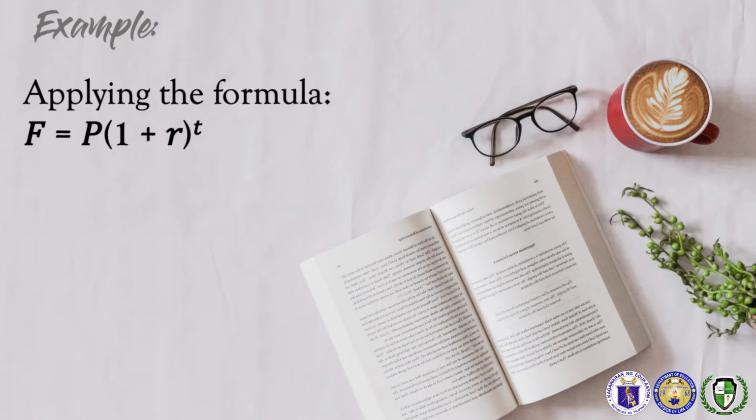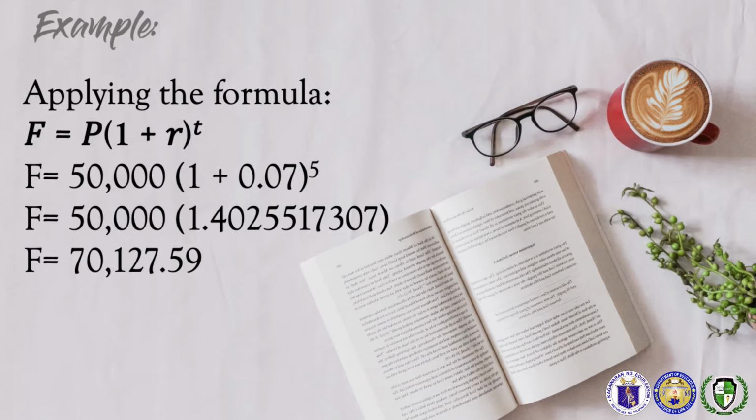Applying the formula, F is equal to P times the quantity (1 plus R) raised to T, we will obtain 50,000 times the quantity (1 plus 0.07) raised to 5. Our answer will be 70,127.59.